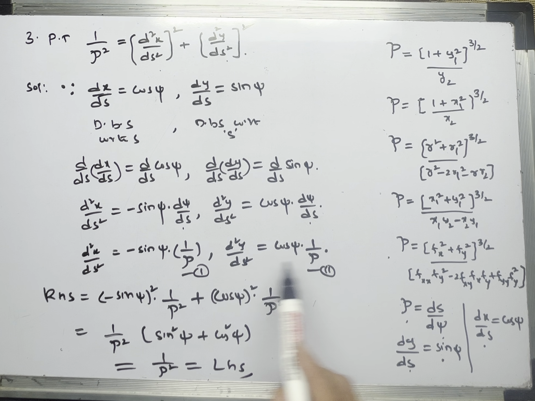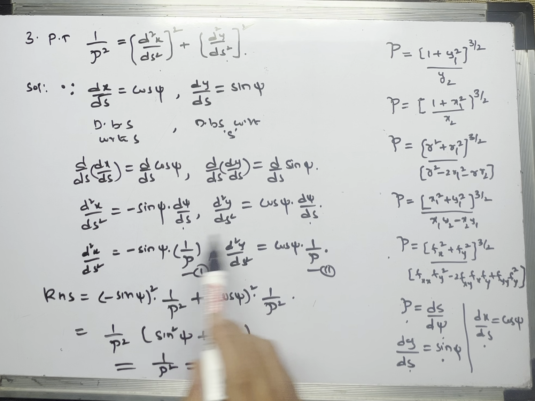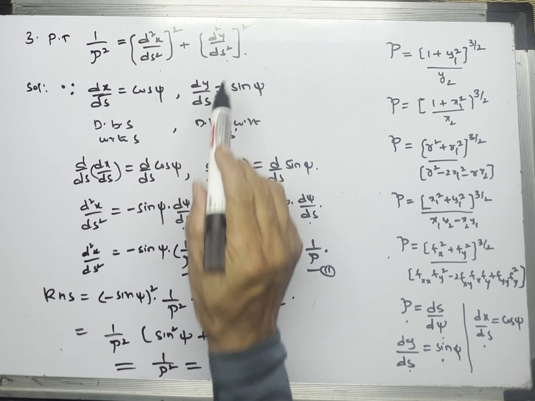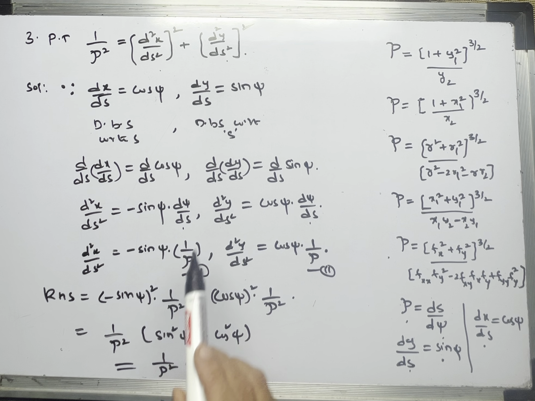We replace it by 1 by rho in both equations. Then for the RHS, square the first and the second, and you get the value of the LHS. In this way you will have some rho problems that you can simplify. A few questions are given to you in class; at that time you can simplify and write them.